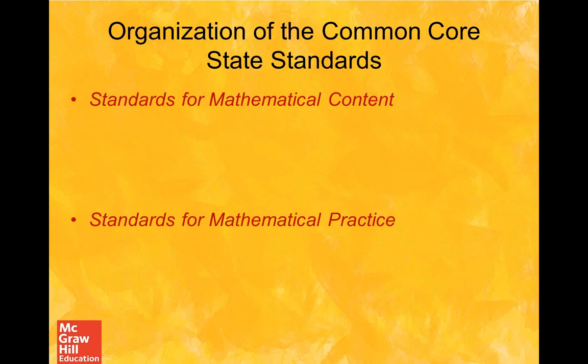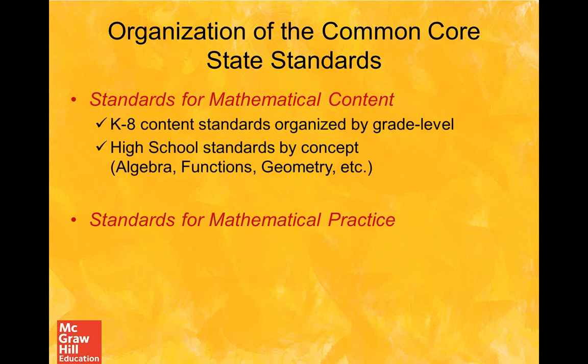The Common Core State Standards are divided into two types of standards. There are the content standards and then the practice standards. The content standards are organized by grade levels for grades K through 8 and for concepts across high school.